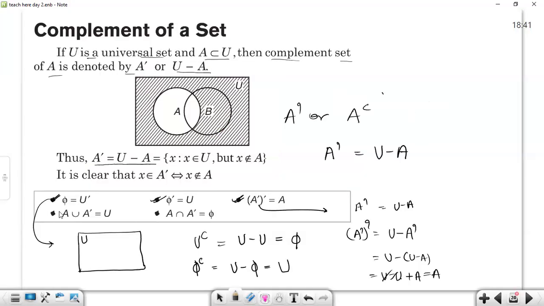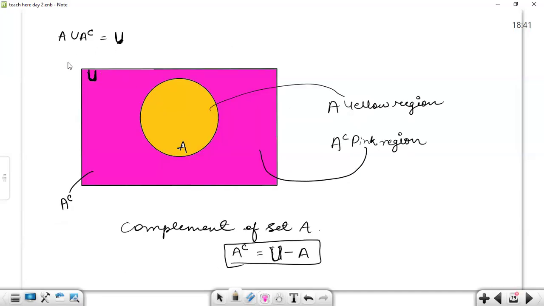This is the property here. And if we take the intersection of set A and the complement of set A, what is common between pink and yellow here? Let me ask it differently.